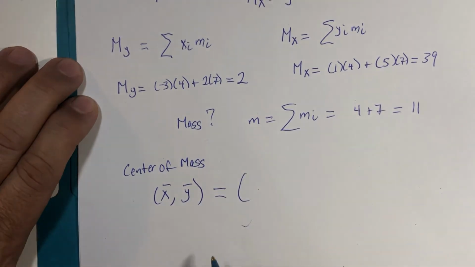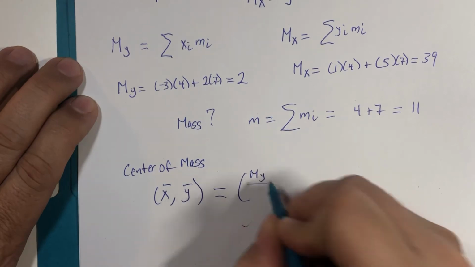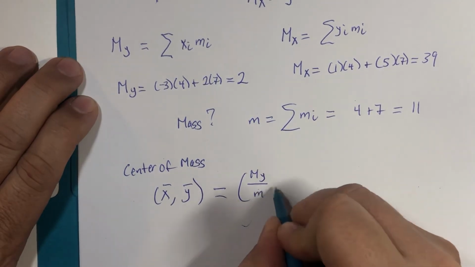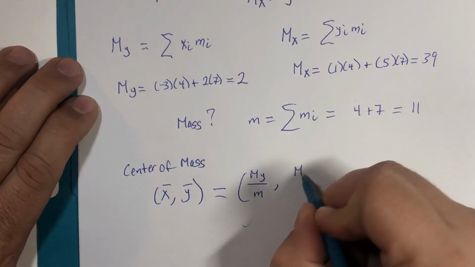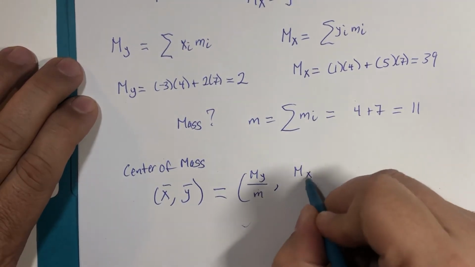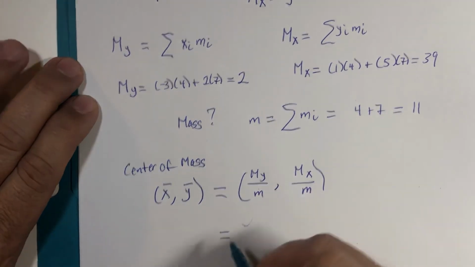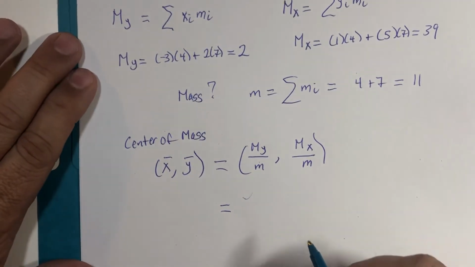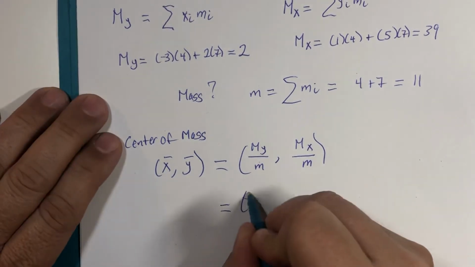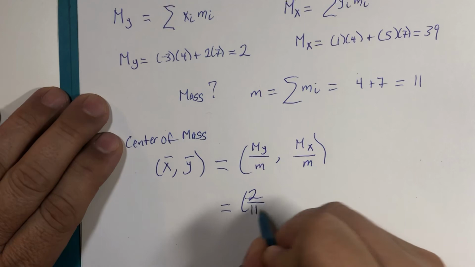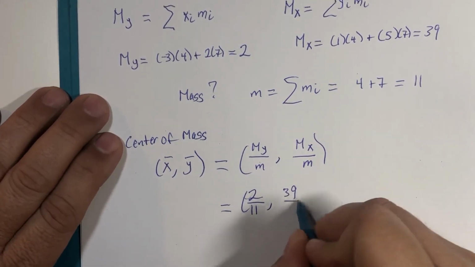We will take our moment left and right, which is the moment about the y-axis, divided by the total mass, and the moment above and below, which is the moment about the x-axis, divided by the mass. And for this particular problem, what does that get us? It gets us 2 divided by 11 and 39 divided by 11.